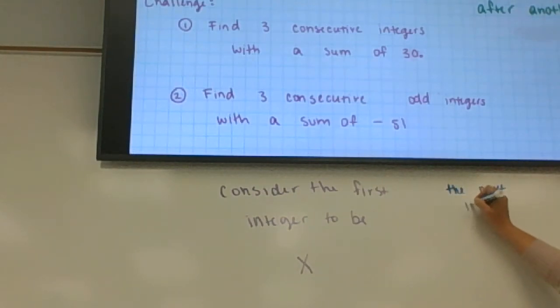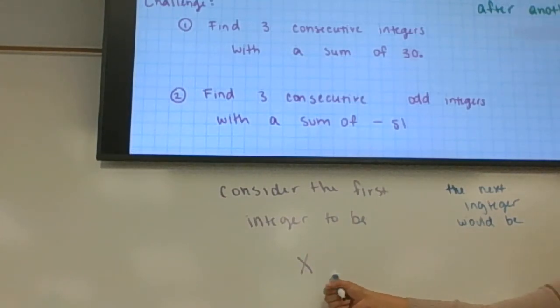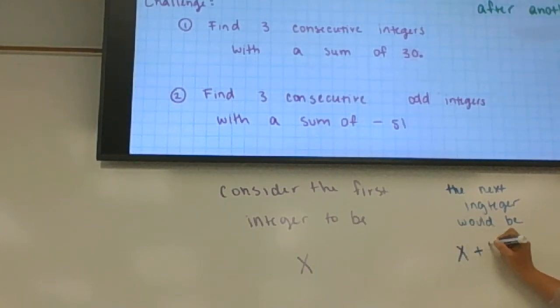The next integer, close, not quite though, would be what? X what? No, we're going to relate it to x. So if this one's x, the one after it is x plus 1.